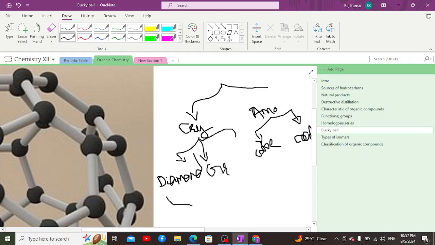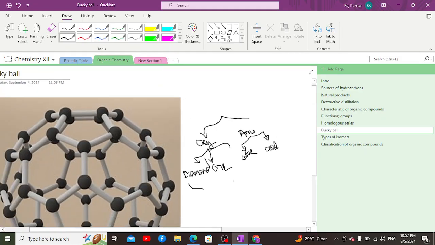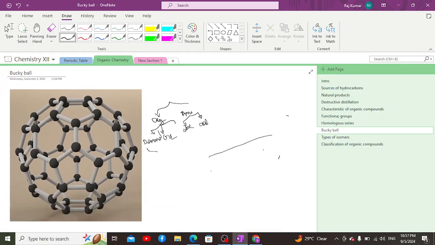Secondly, we have graphite. Graphite is a form in which the carbon atoms are arranged in horizontal layers, such that one carbon atom has three of its valence electrons occupied and one valence electron not occupied in the horizontal direction, due to which graphite is able to conduct electricity in the vertical direction but not in the horizontal direction.